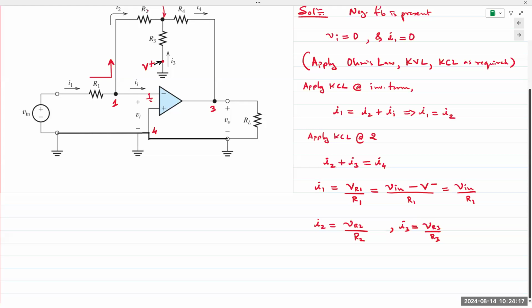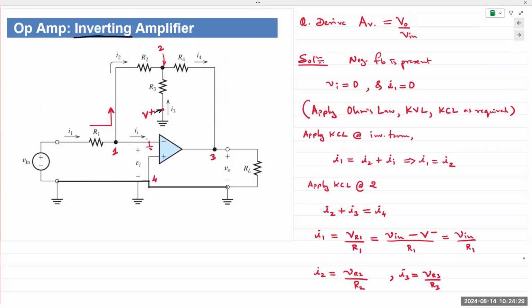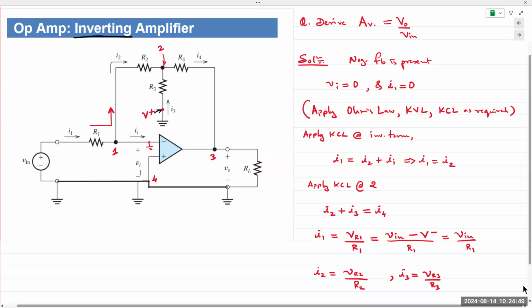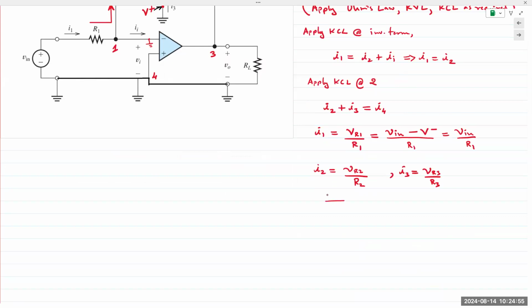What do we see? We have this loop right here. And I'm going to show you how we want to visualize this. Since we say that there is a virtual short between the inverting and non-inverting terminals of the op-amp, if you ground one terminal, meaning if you connect the non-inverting terminal V plus to 0, then V minus is also 0. Virtual ground concept. So I can draw the loop for R2 and R3 in this manner. That's R2.